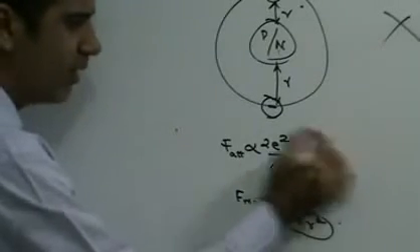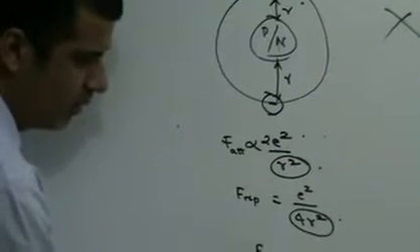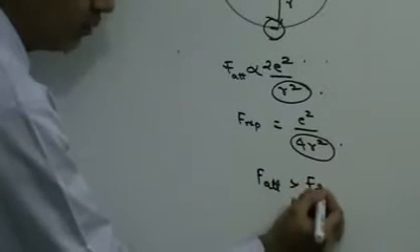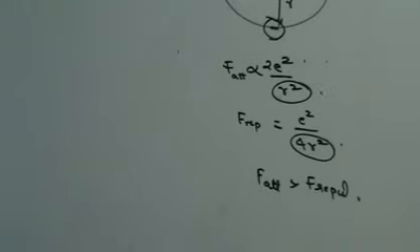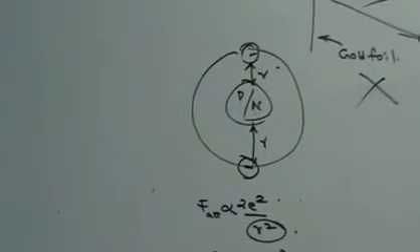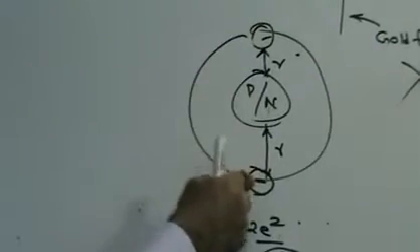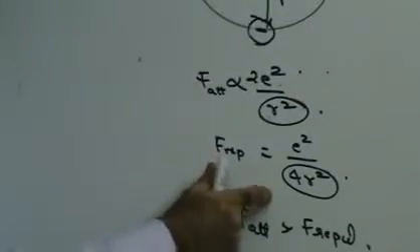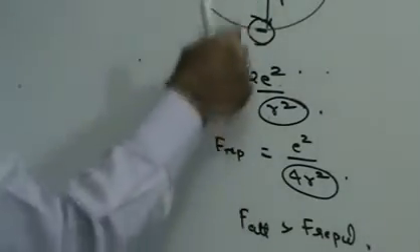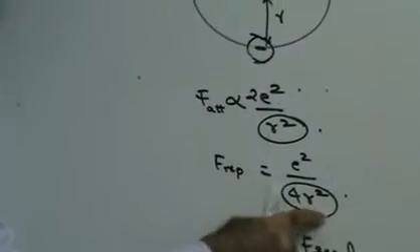That means the force of attraction between the nucleus and the electrons is going to be greater than the force of repulsion between the 2 electrons. Because the distance between 2 electrons was 2r, that's how I got 4r square. I hope everybody understood. I applied the same Newton's law of gravity. Directly proportional to the charges e and e, and the distance between them is 2r, square is 4r square, right?